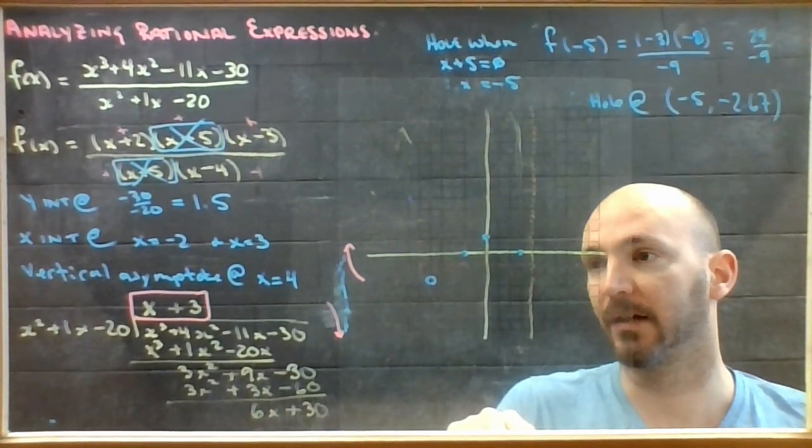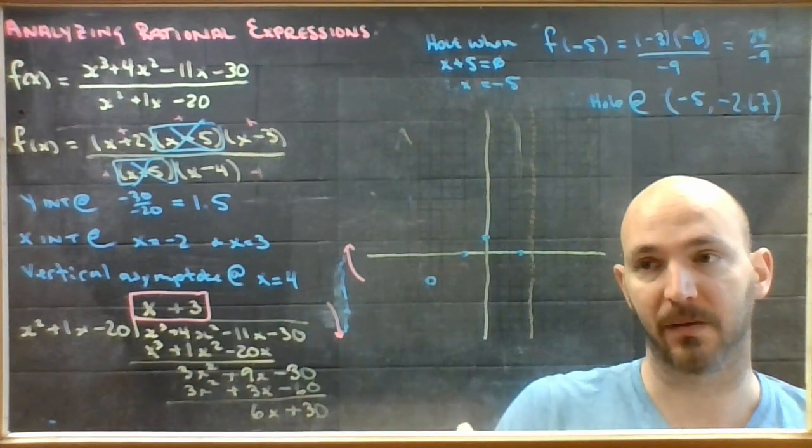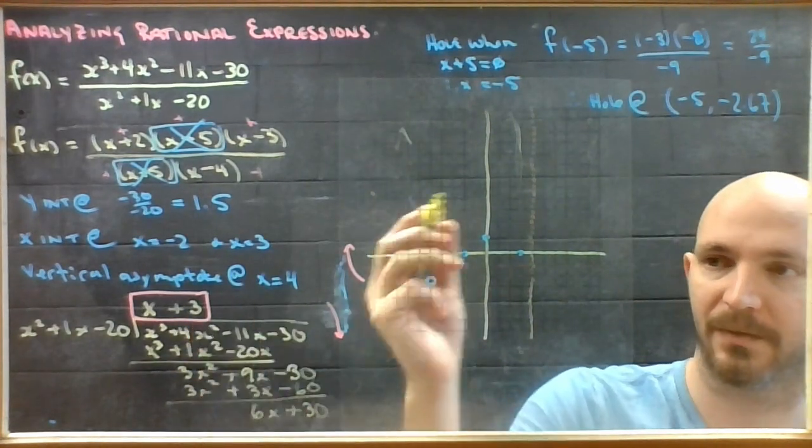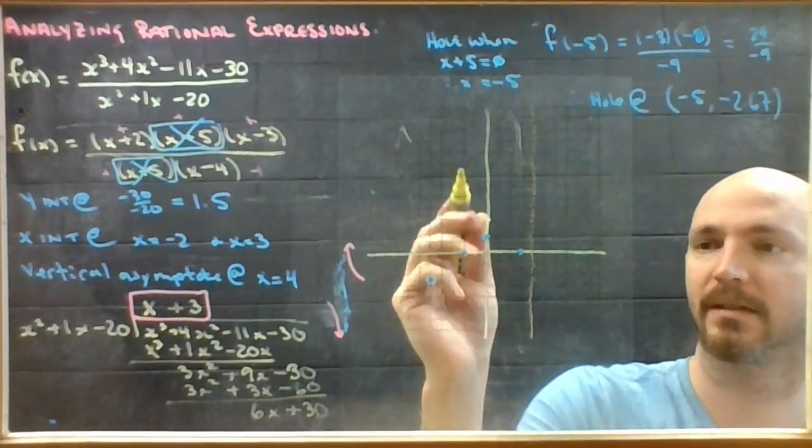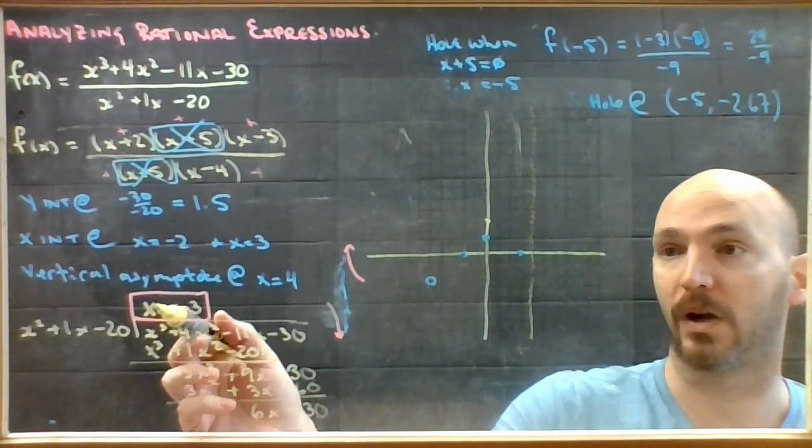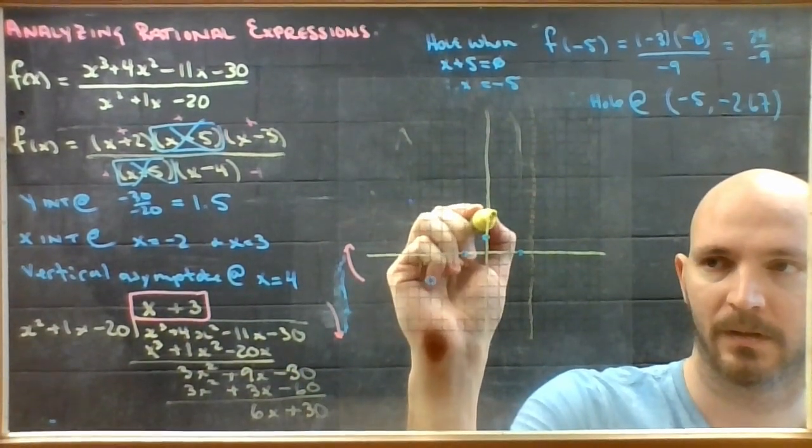And my end behavior is this line x plus 3. So that starts at 3 on the y-axis and then has a slope of 1. So it goes up like this.